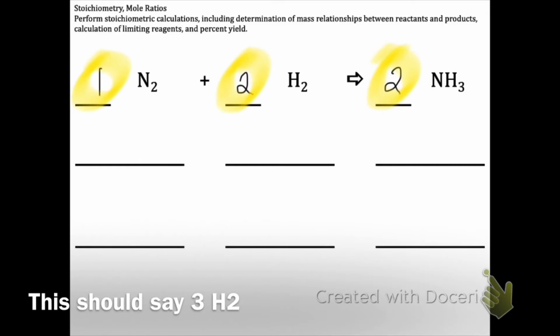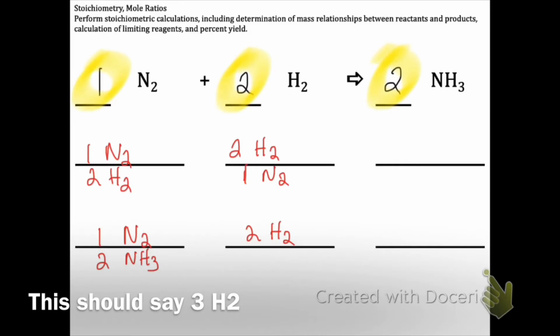So in this case, 1 nitrogen would need 3 hydrogen in order to fully react. 1 nitrogen would produce 2 NH3 molecules. 3 hydrogen need 1 nitrogen to react. 3 hydrogen could produce 2 NH3 molecules.